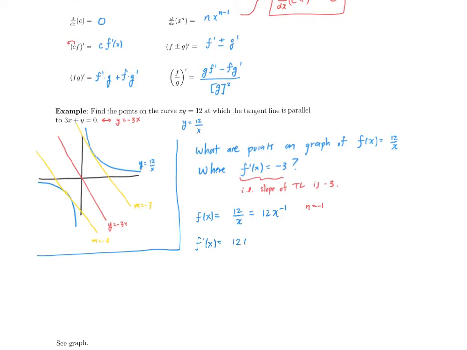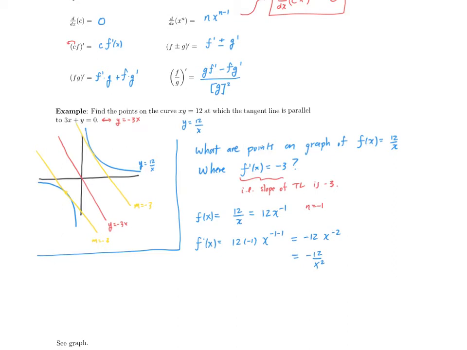So minus 1 comes down front, and the new power is 1 less. That is, f prime of x is equal to minus 12 x to the minus 2. And if we rewrite that again, we would have minus 12 over x squared.